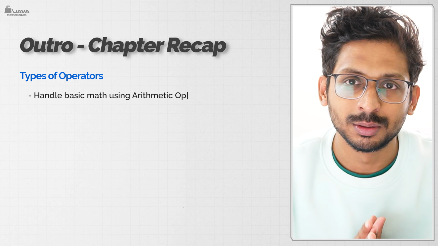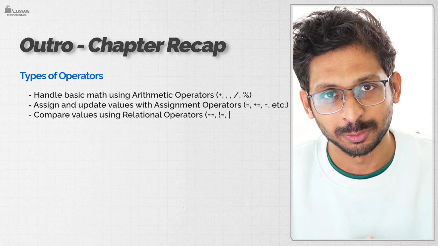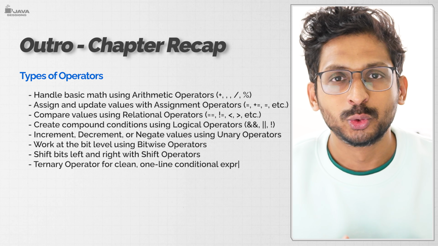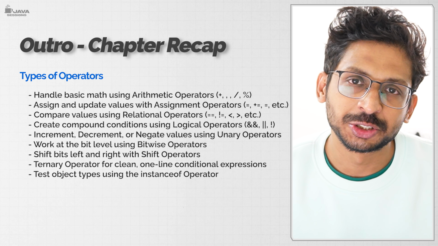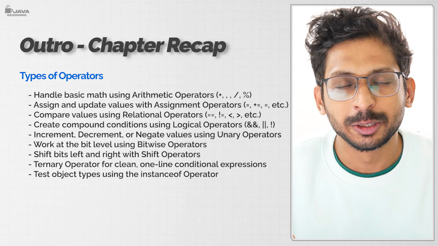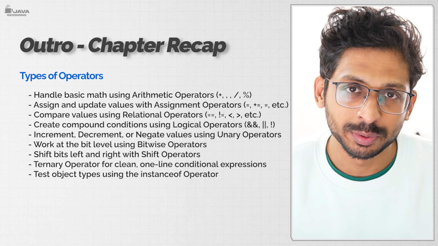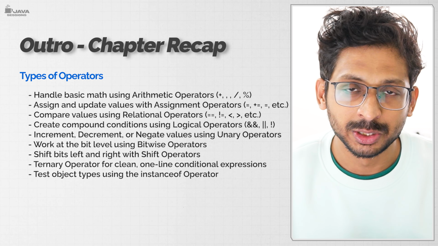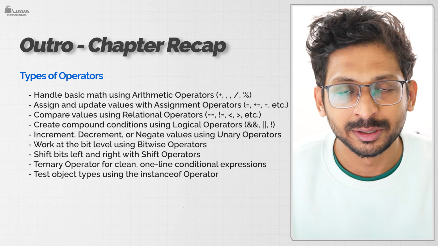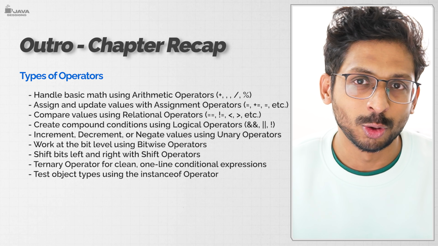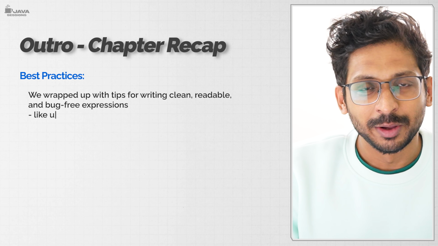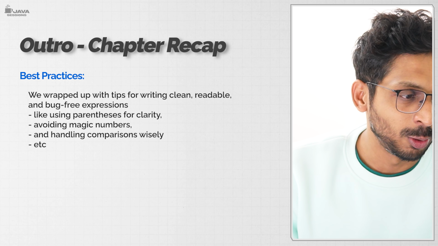We learned how to handle basic arithmetic operations using arithmetic operators, how to assign and update values using assignment operators, how to compare different values using the relational operators, how to create compound conditions using the logical operators, how to increment or decrement values using unary operators, working with bit level data using the bitwise operators and the shift operators, defining the ternary operator for clean and single line conditional statements, and how to test the object type using the instanceof operator. We also discussed some of the simple yet effective best practices while working with operators.